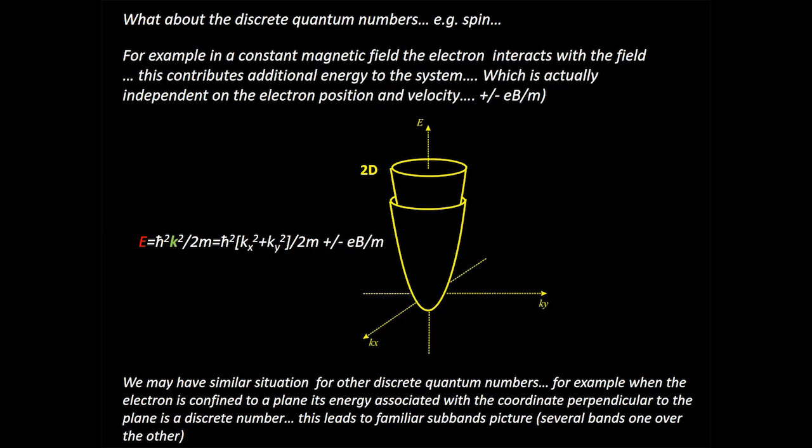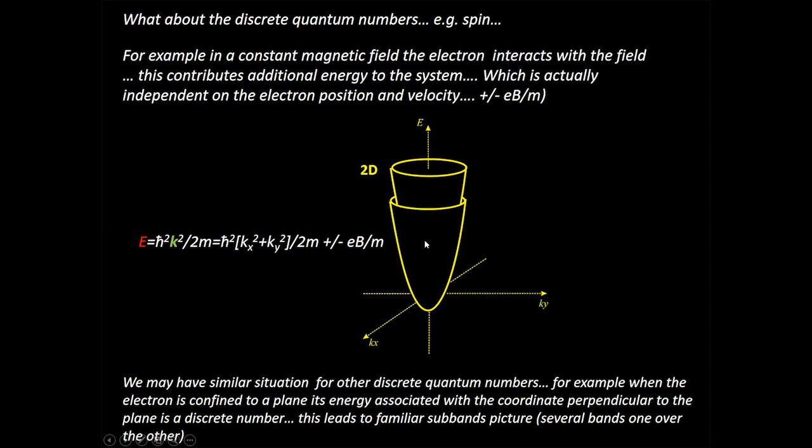You will get 2 surfaces: the higher one associated with spin up, and the lower one with spin down.